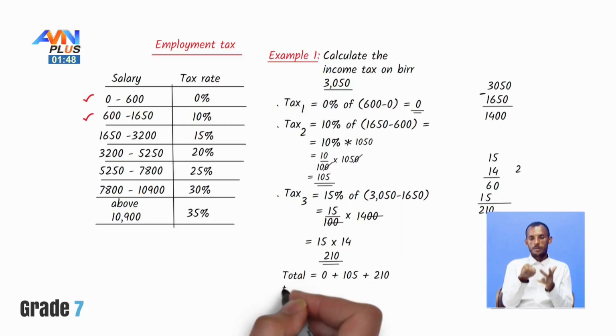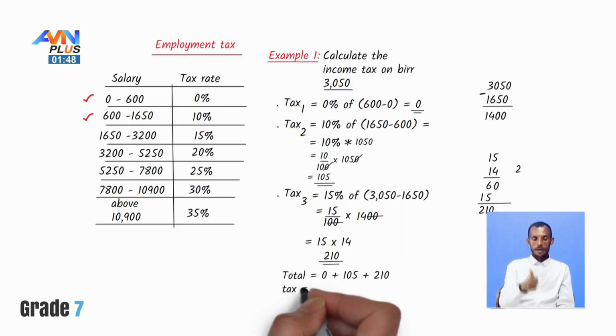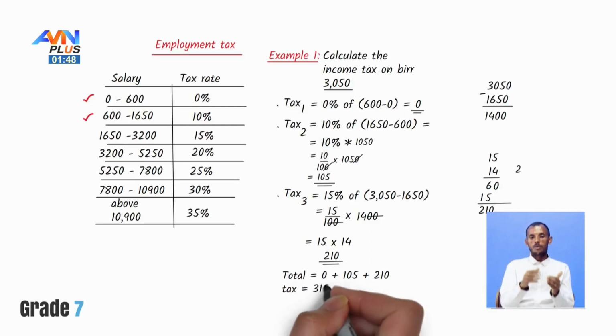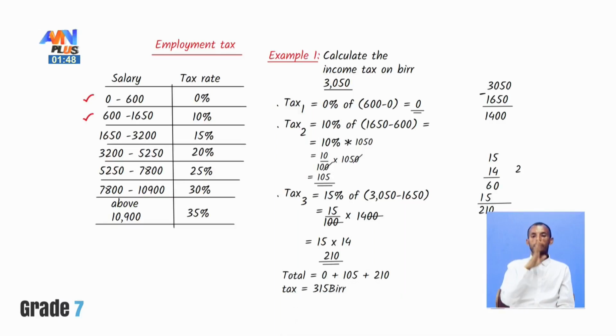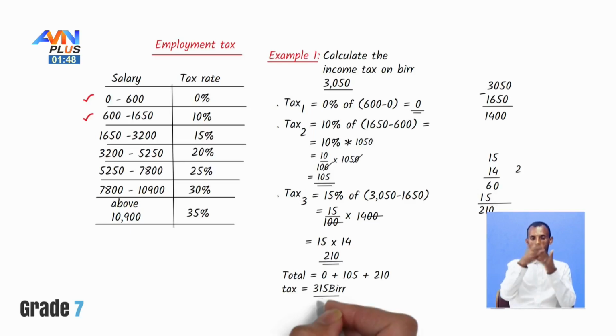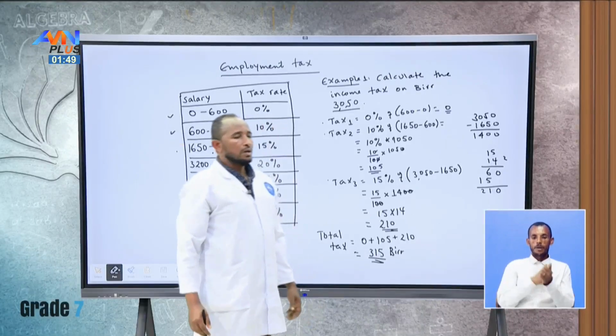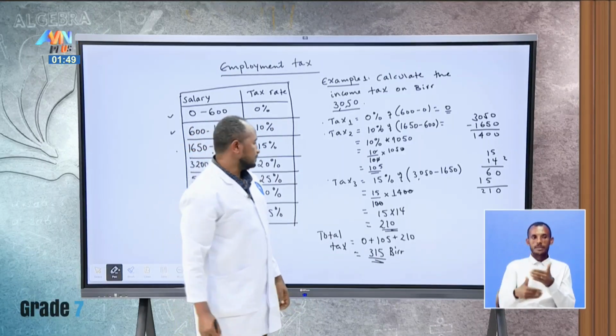The sum will be 315, the tax that should be paid. That's it. Now, we'll proceed to the next example.